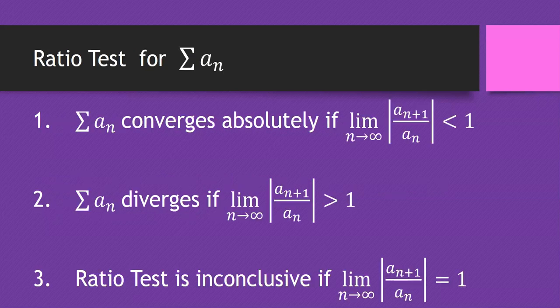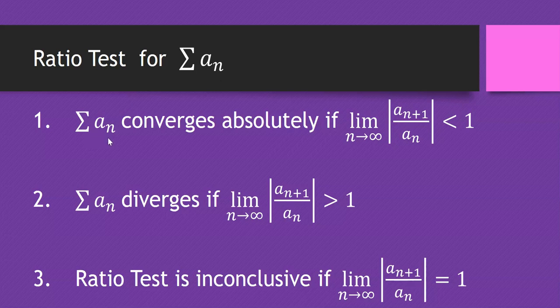So let's take a look at the ratio test, and then I'll show you a couple of examples and kind of get at what the ratio test is attempting to do. So let's say we have an infinite series, an infinite sum of this sequence A sub n.